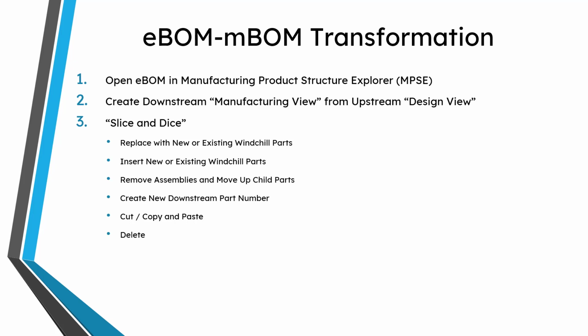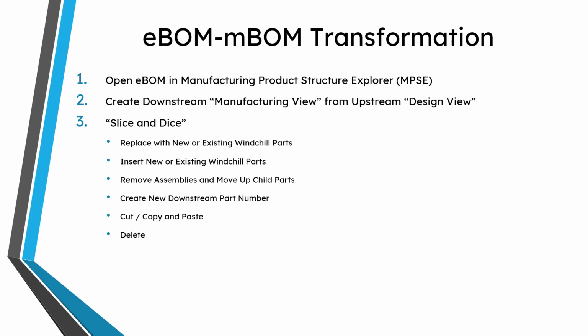And there are a number of different operations that you can perform. So for example, you might replace some of the objects in the engineering bill of materials with new or existing Windchill parts that are in your common space. You could create new Windchill parts. You can remove different assembly levels. You could move components from one assembly to another assembly. You could create new downstream part numbers.